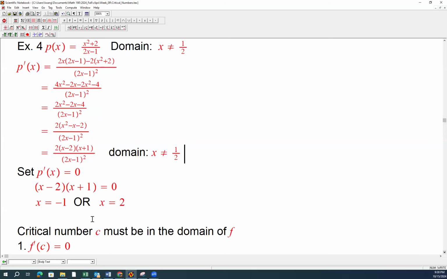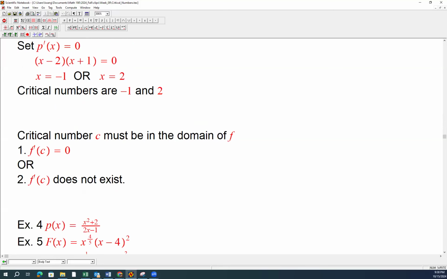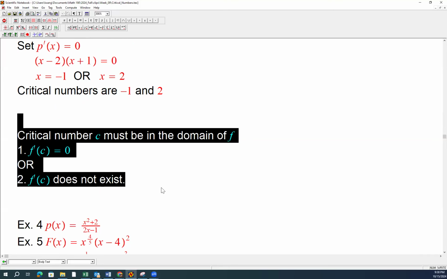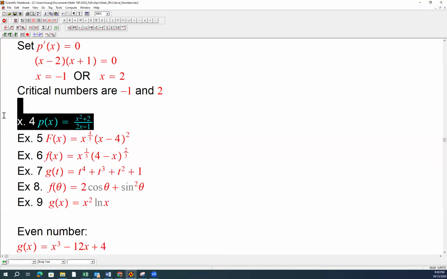So in the end, the critical numbers are negative 1 and 2. And we're done. All right, that's example number 4. Let's look at another type of question. We're done with 4, let's look at 5.